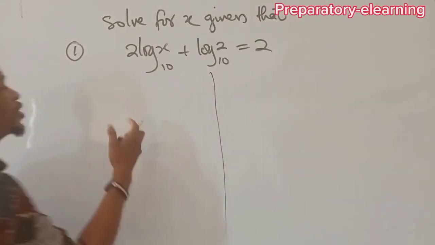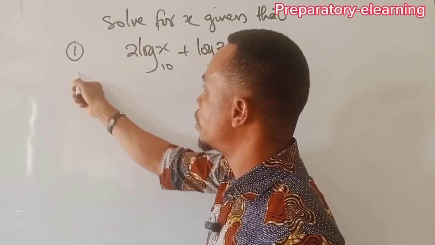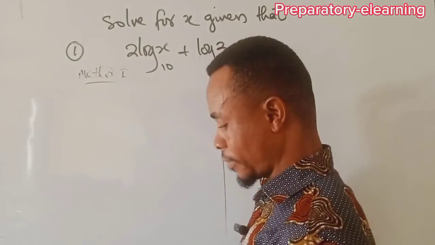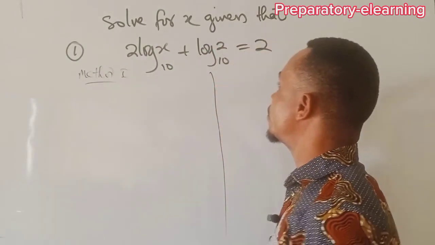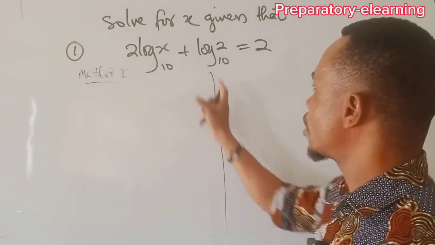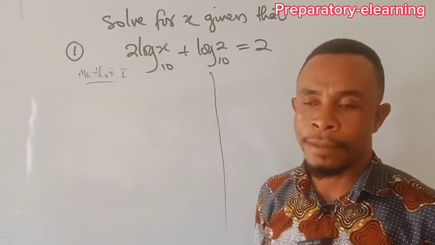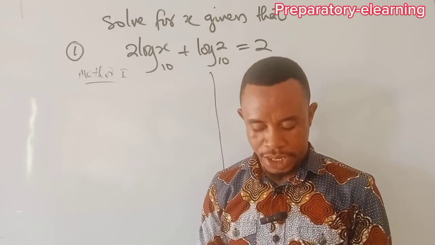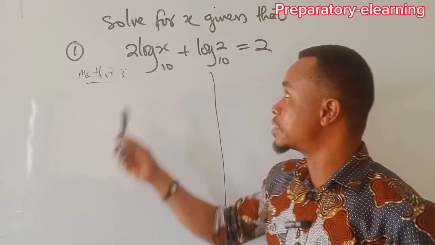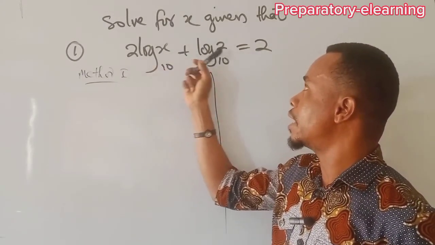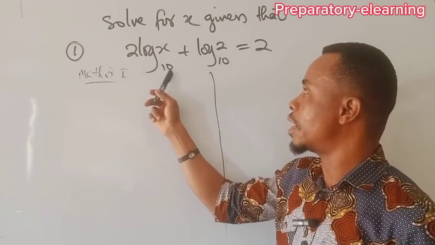The first method, which I will call method 1, is by combining the left-hand side together. We had looked at the addition law of logarithm, where when you have addition like this, you multiply the numbers here and write one log and one base.